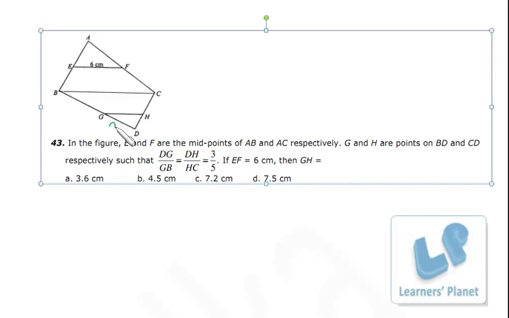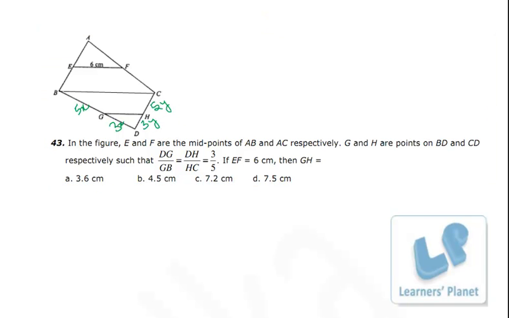So this is 3, this is 5, then this is also 3, this is also 5. A 3:5 ratio is there, so I assume this to be 3x, this is 5x, this is 3y, 5y. Now since the triangles are similar, DG by DB is equal to HG by CB. So DG is equal to 3x and DB is equal to 8x.